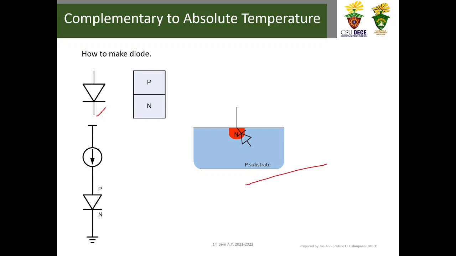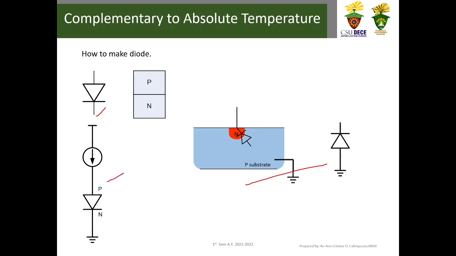So in this figure, what do you see? What is the problem with this configuration or implementation? As I was saying, the P substrate is basically the foundation on which all the circuits are laid down, so the P substrate is always connected to the ground. The diode that we can make with this configuration is like this, which is not our goal.